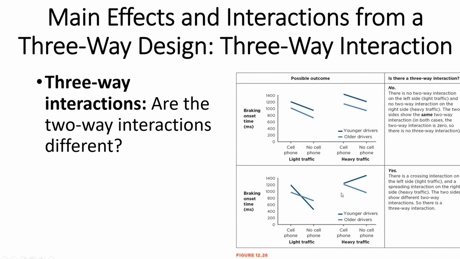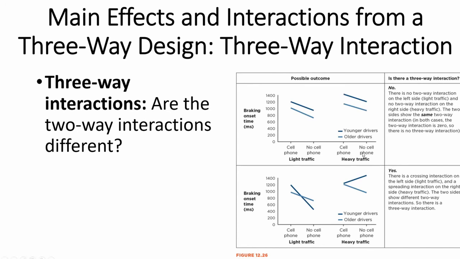In the second option down here, we have these two lines crossing, so definitely not parallel. And these two are diverging from one another, so they are definitely not parallel. So we're seeing a crossing interaction there and a spreading interaction here. They're both showing interactions, but they're also both showing different interactions.